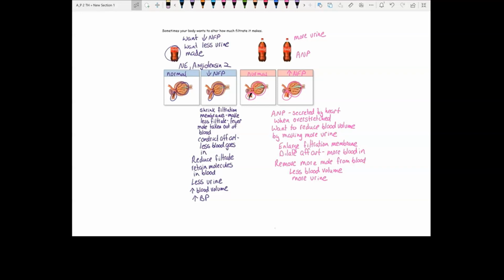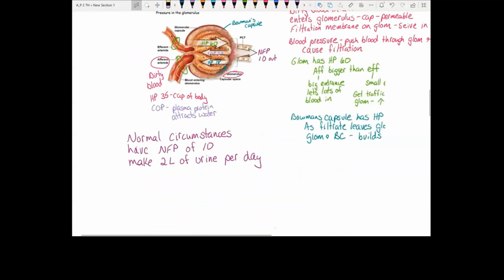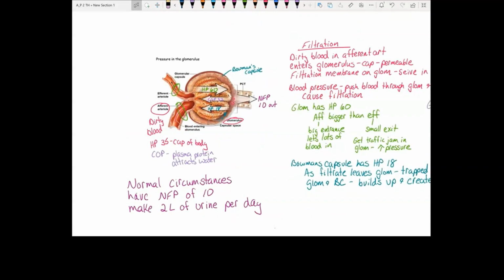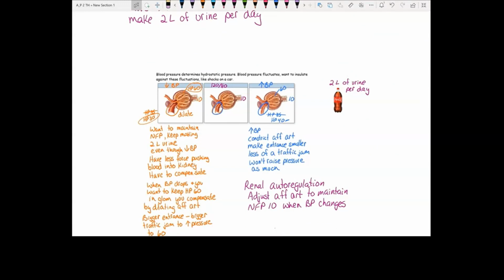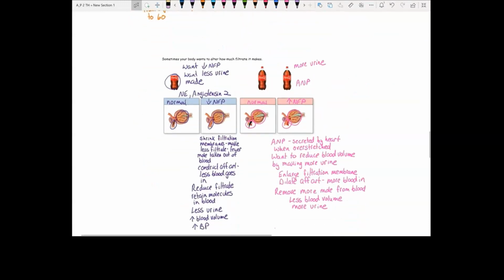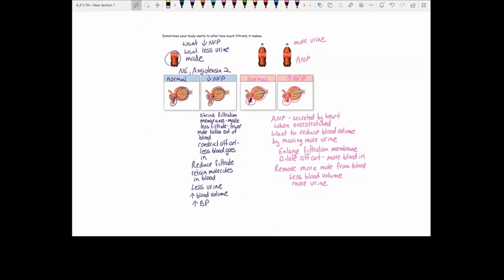And we looked at how filtration occurs up here, the pressures that cause it. Then we looked at maintaining your filtration when you have fluctuations in blood pressure. And we looked at how you purposely change your filtration in order to increase or decrease the amount of urine that you're producing.